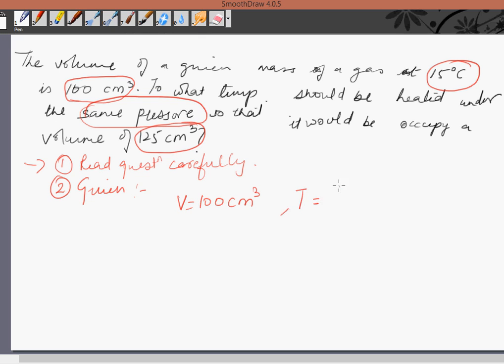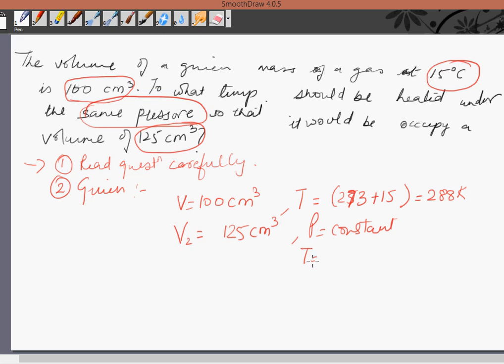Initial temperature is 15, and we have to convert it into Kelvin first, which comes out to be 288 Kelvin. V2 is 125 cubic centimeters. Pressure remains constant, right? And we have to find T2.